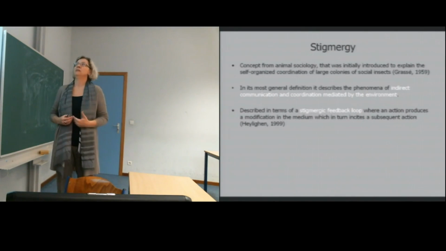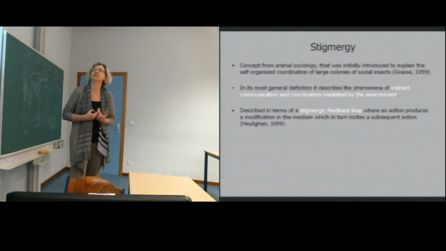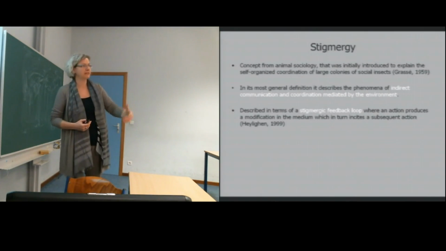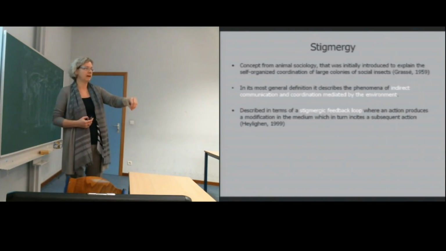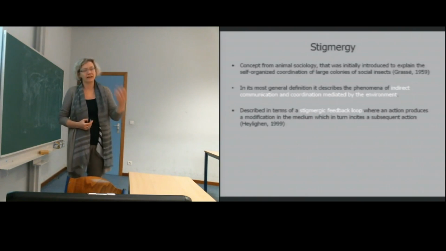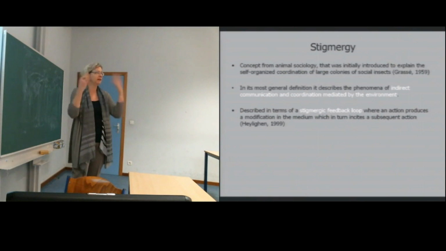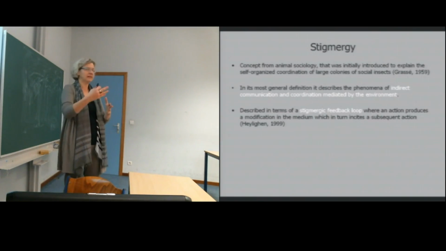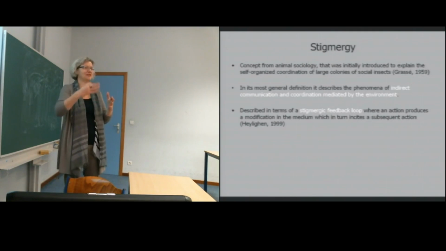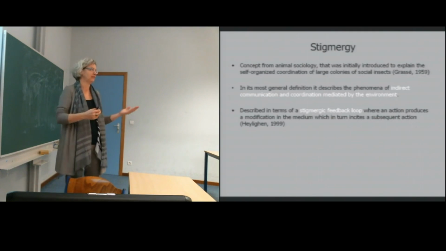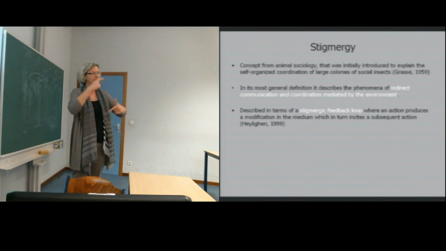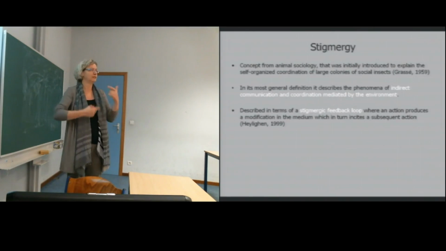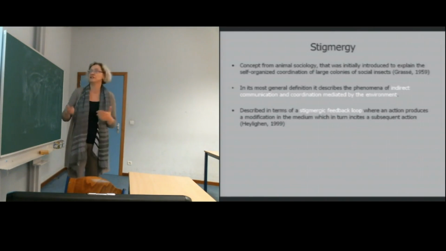It has been described in terms of a stigmergic feedback loop, where the action of one agent leaves a trace in the environment, and the trace entices, stimulates, or makes more probable a subsequent trace action by the same agent or a different agent. Which means once it is ignited, it is a very strong engine for production, differentiation, design.